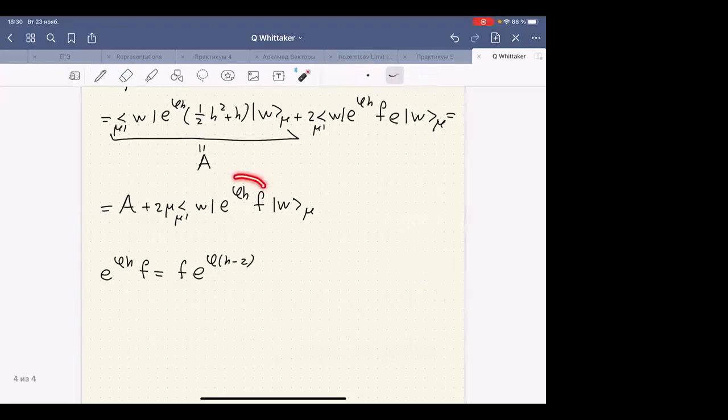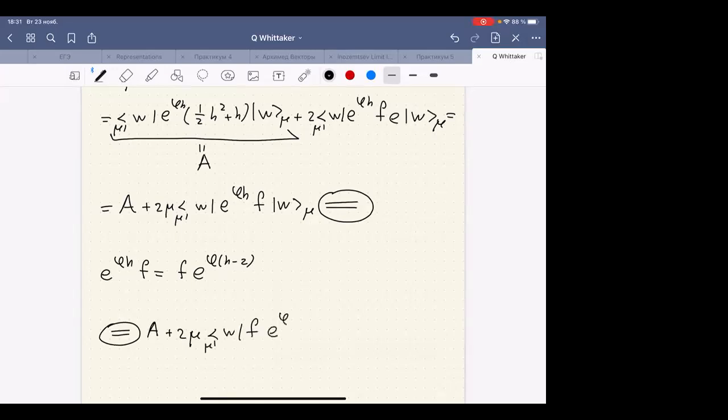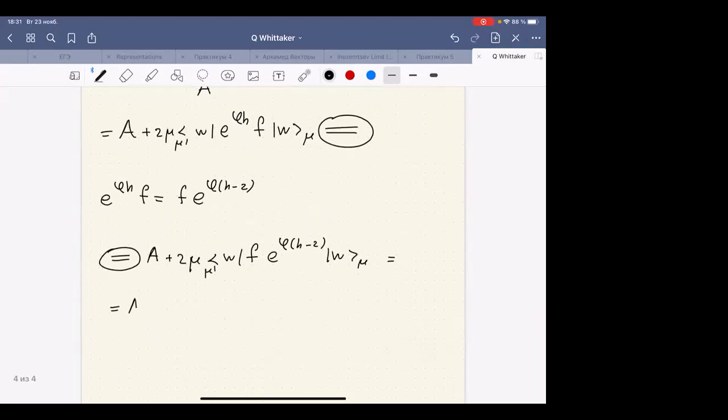Then I can move f to the left. It's equal to f acting on the dual Whittaker vector gives us mu prime. Great.